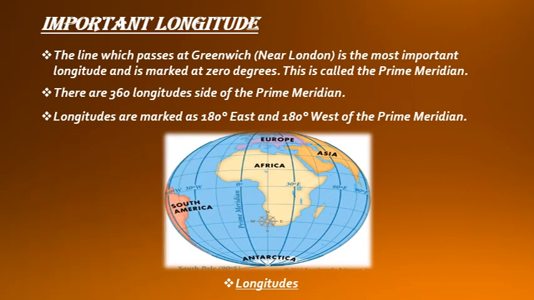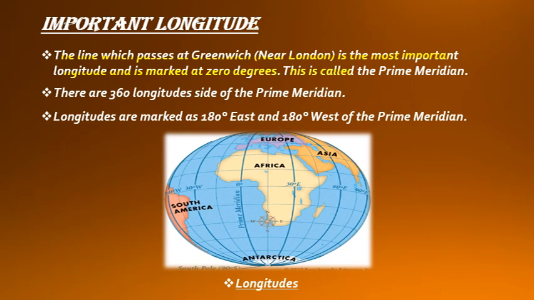Important longitude. Now we are going to learn what are important longitudes. A line which passes at Greenwich near London is the most important longitude and is marked at 0 degrees.